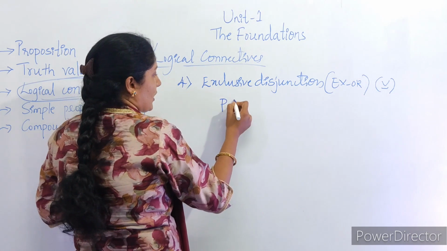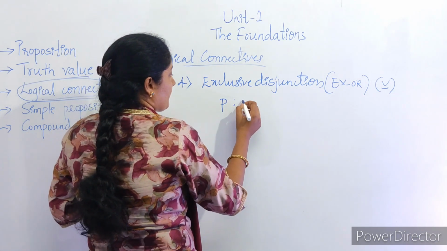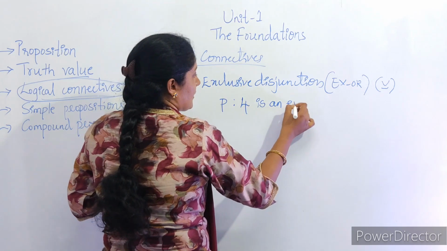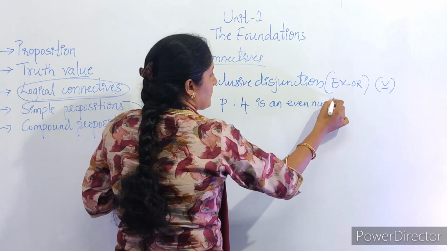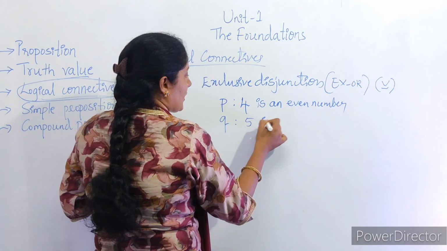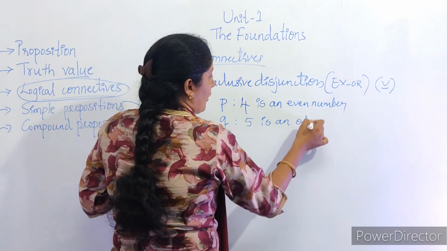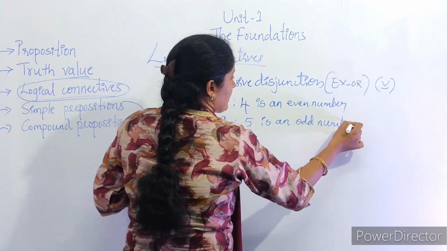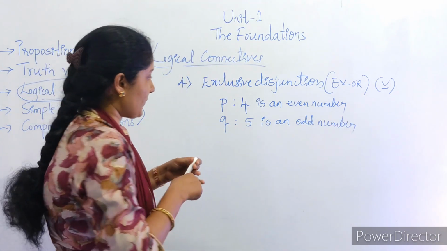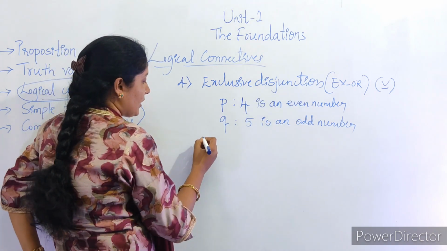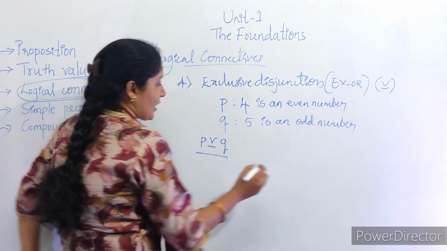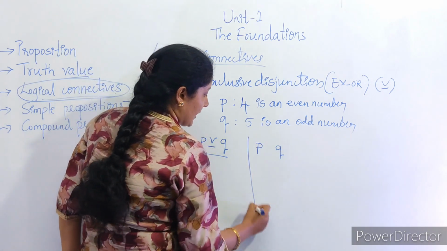Let me take one proposition P as 4 is an even number, and Q as 5 is an odd number. Coming to the truth table of this, as per the symbol P exclusive disjunction Q, the truth table will be like this.